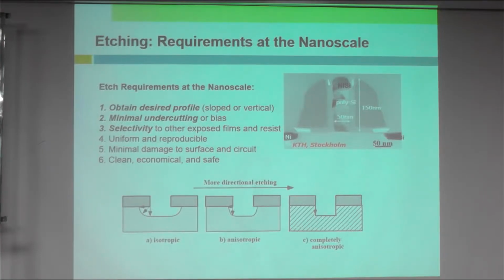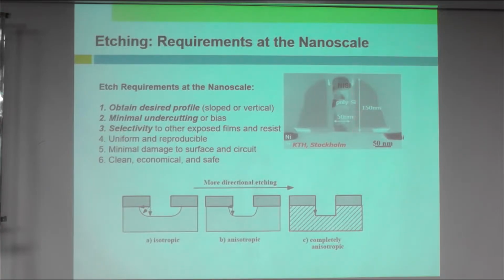So at the nanoscale, the requirement of etching is that we are going to form smaller and smaller structures in order to have more sensitive, higher performance. For example, here the etch requirement at the nanoscale is to obtain a desired profile with a certain shape, a 150 nanometer polysilicon structure.